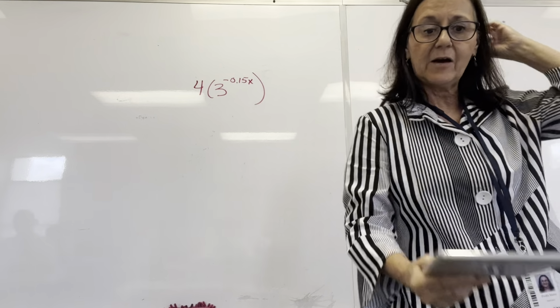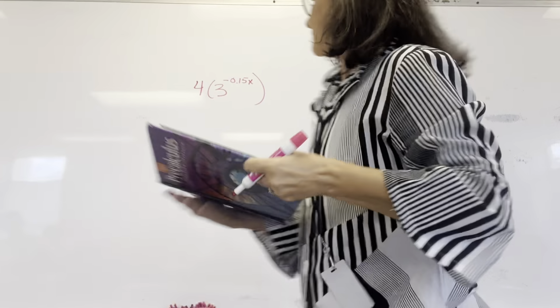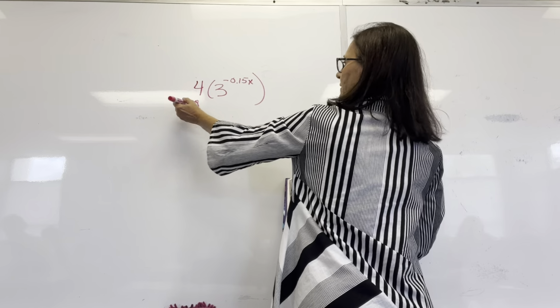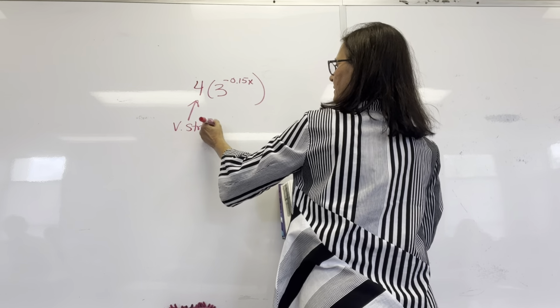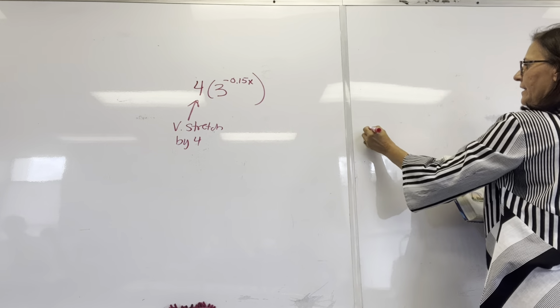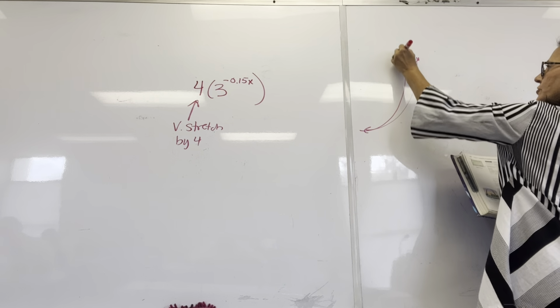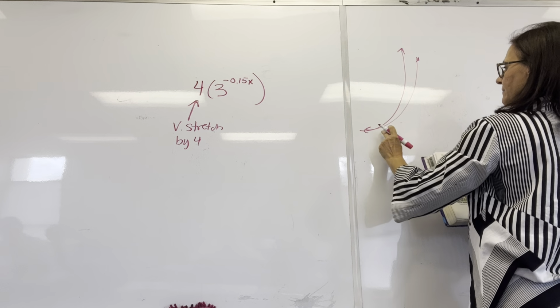Okay, Selby. Vertical stretch. By what? By 4. Not up. It's just a vertical stretch by 4. What that says, Selby, is if this is just the normal one, it's pulling it closer to the y-axis. It's not moving.